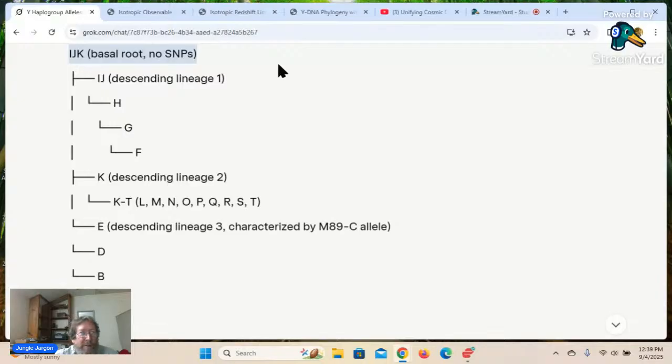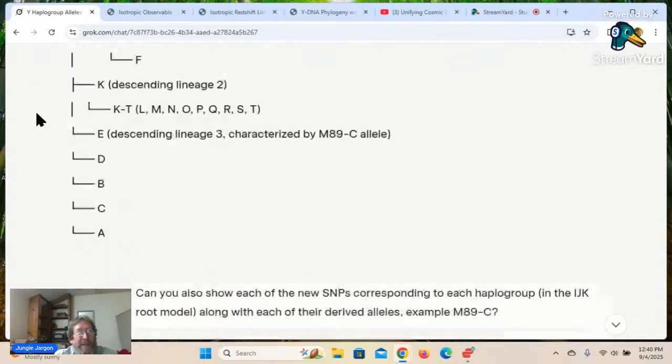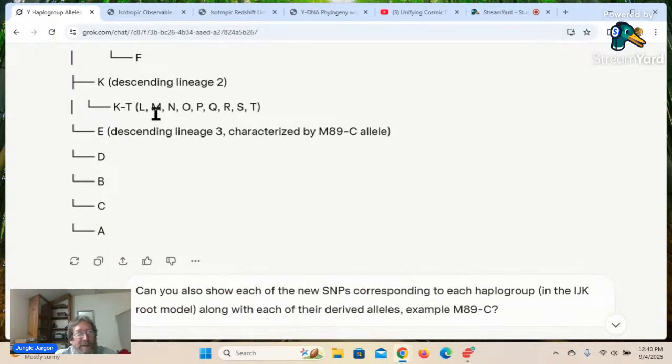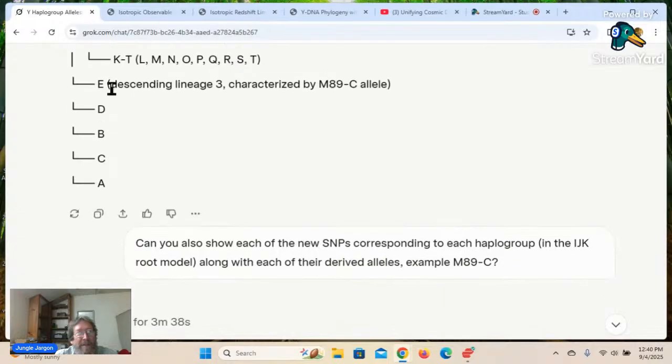Then below IJK, so this would be basically what was inherited from Noah, which I haven't gotten into yet, but the IJK descending lineage, the H descending, the G descending, F descending. Then you have the K descending lineage, K through T, and then the E descending lineage, it's E, D, B, C, A.